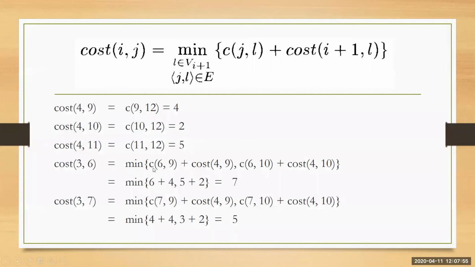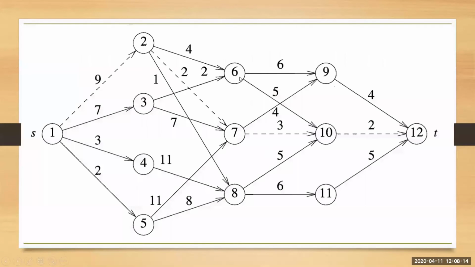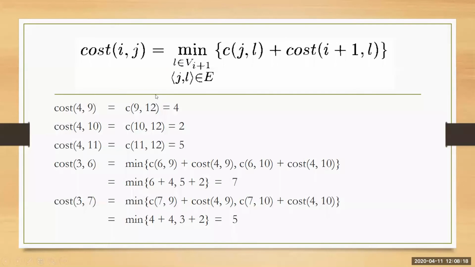The cost of 6 comma 9 is 6, and the cost of 4 comma 9 you get from the previous step, which is 4. C of 6 comma 10 you have to fetch from the graph, it is 5, and cost of 4 comma 10 you get from the previous step, which is 2.